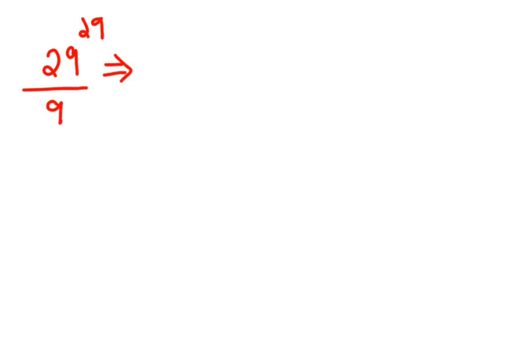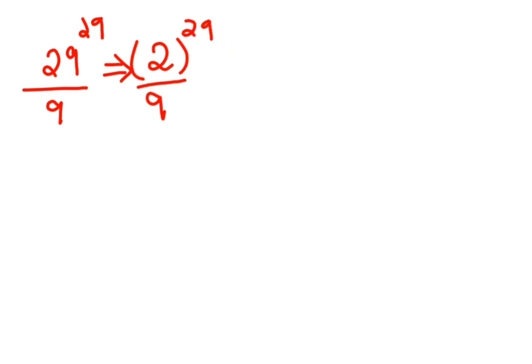What did we do? See, the question was 29 raised to 29, divided by 9. The first job was to find out the remainder when you divide by 9. So the remainder at this point is just 2, and the power of 2 is 29.